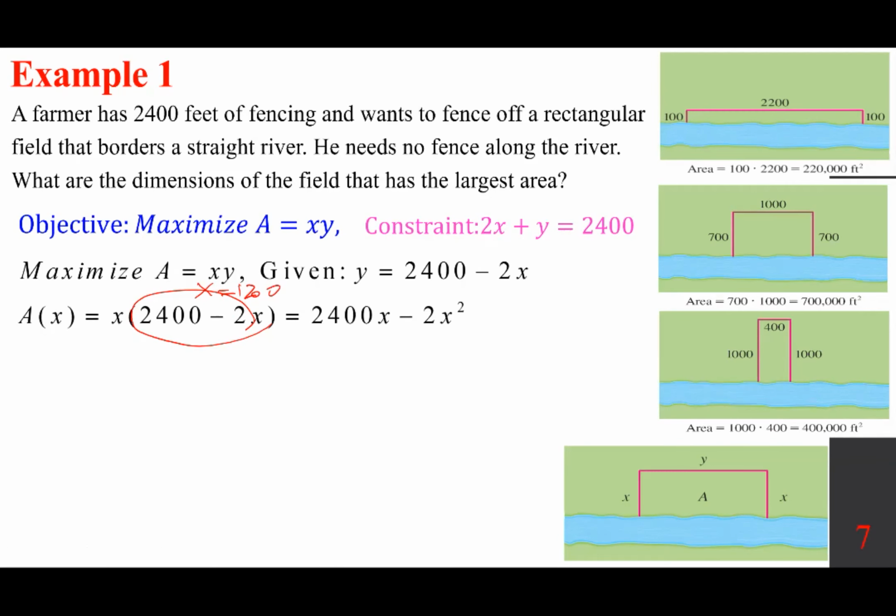So if you choose a number larger than 1200, the parentheses become negative, the area becomes negative. It's not doable. So your domain is 0 to 1200. That's an open interval of 0 to 1200.